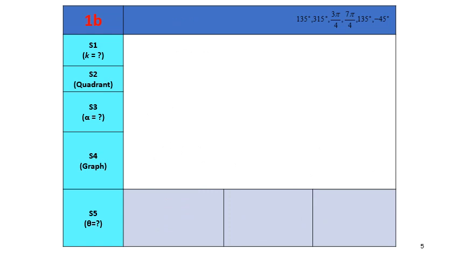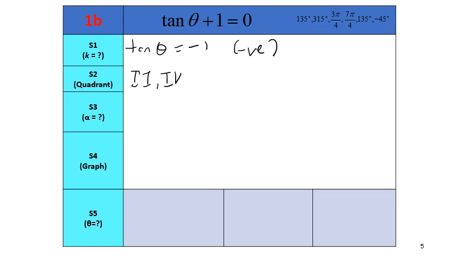Right. So next question, tangent theta plus 1 equals 0. So we move 1 to the right hand side. We notice that it equals negative 1, which is a negative value. For a negative value, the quadrants would be the second and the fourth quadrant, if tangent is negative.